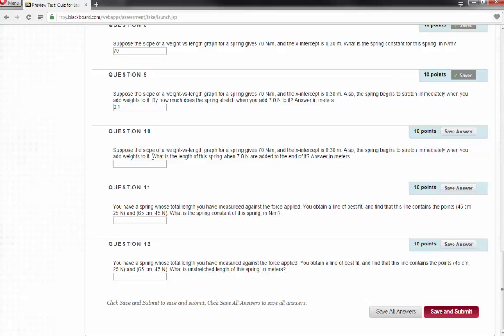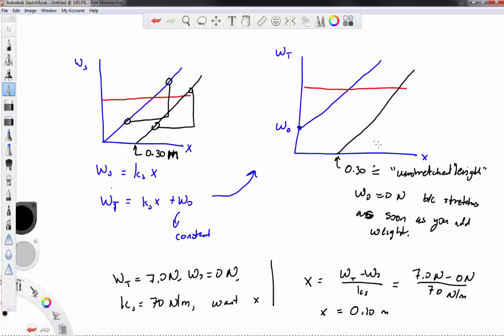Now it asks the same question, except it asks what is the length of this spring when 7 newtons are added to the end of it. Well, as I stated earlier, the unstretched length is 0.3 meters. It's stretched by 0.1 meter, so the total length must be 0.3 plus 0.1.